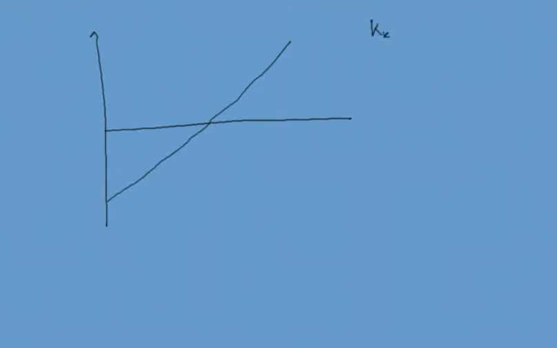So we can graph this. The kinetic energy is the energy of the photon minus the threshold energy, and we get this straight line.